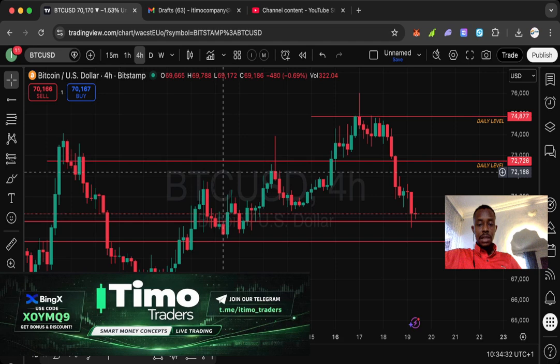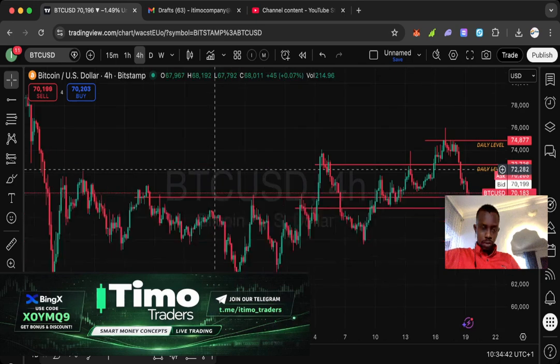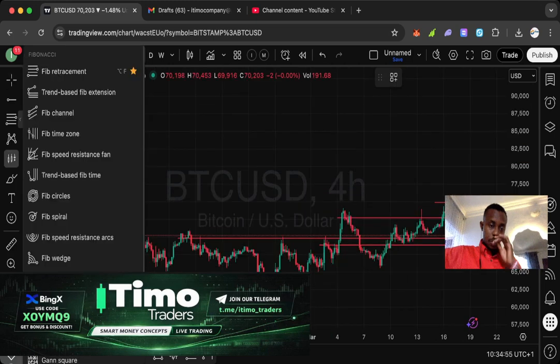So what I'm doing, I'm just zooming in now. First tool that I use is the trend-based fib extension tool. This is how to use it.